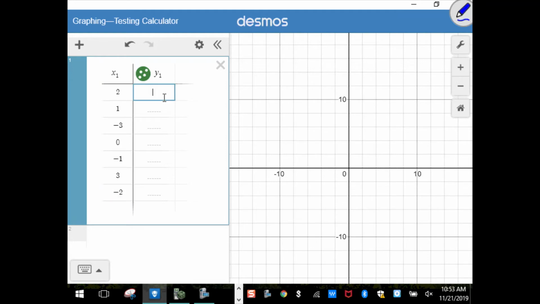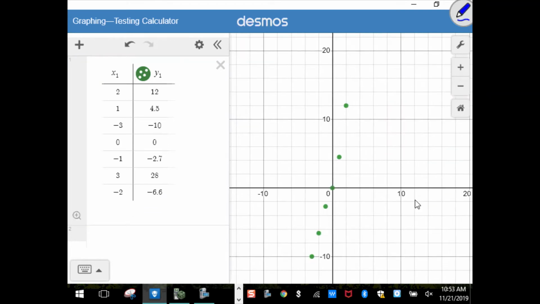Then you're going to add your y's, 12, 4.5, 10, 0, negative 2.7, 28, and negative 2. Alright, take a look. What kind of shape do those points make?